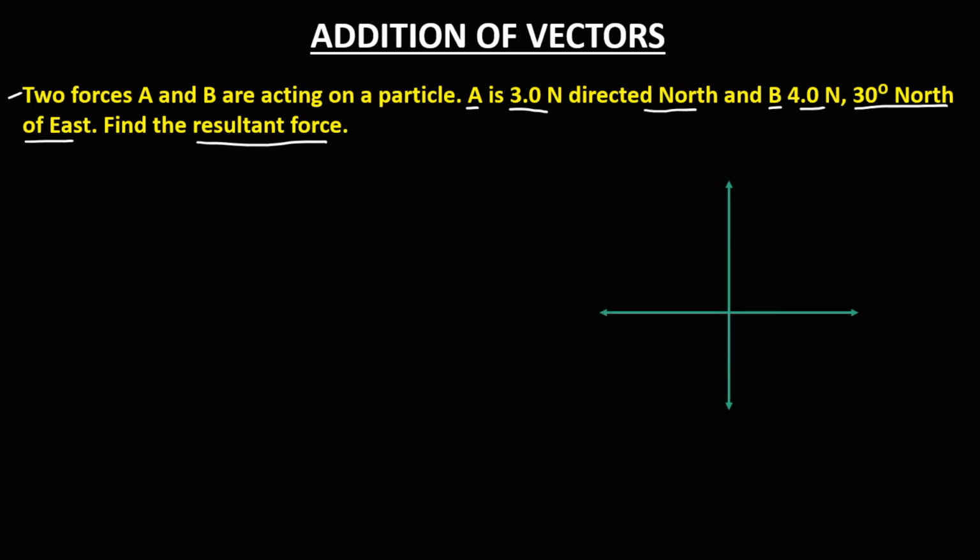So first, in a plane, this one is north, south, east, and west. Since force A is directed to north, this one is force A. Then for force B, that's 30 degrees north of east, so this one is force B. Since north of east, from east going to north, the angle is 30 degrees.